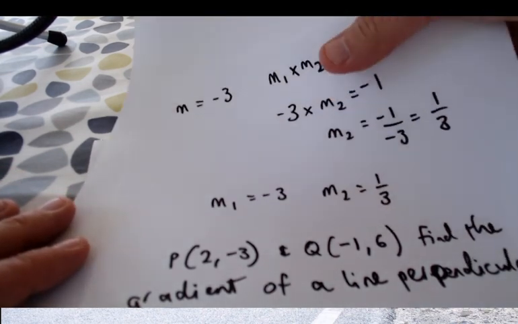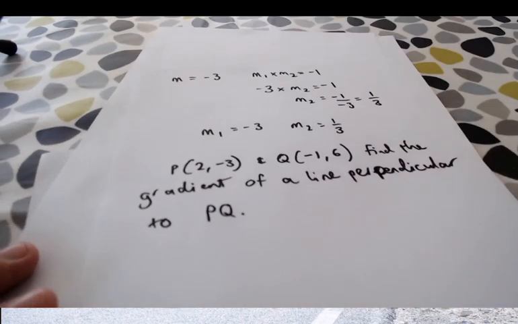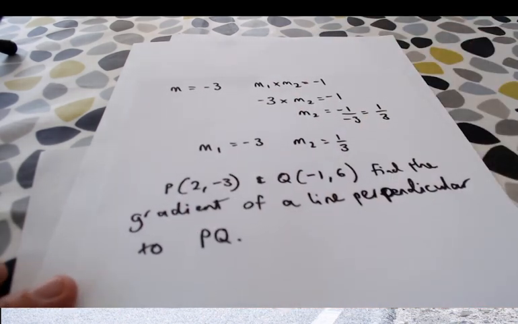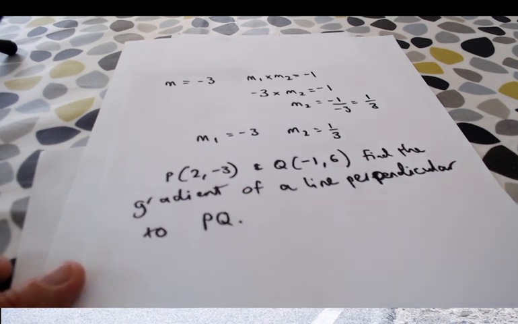Okay, so I want us to find a gradient of a line which is perpendicular to PQ. You're given the 2 points. The first thing you'll need to do is work out the gradient of the line PQ.